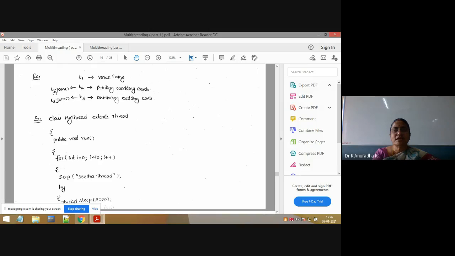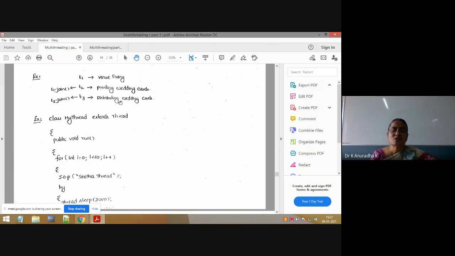Inside T2, if you write T1 dot join, this thread will go to the waiting state until the completion of T1. Similarly, when you write T2 dot join inside T3, then T3 will go to the waiting state until the completion of the thread T2. So with respect to these concepts, you can understand more clearly when we use the join method.